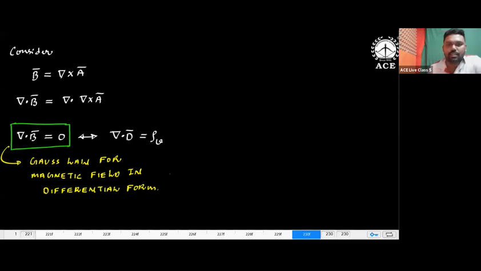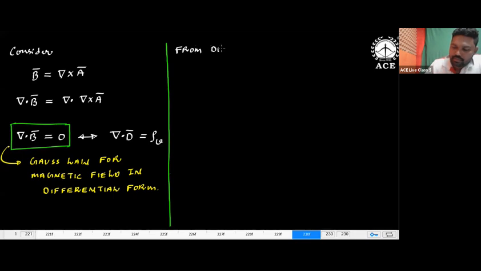From the divergence theorem, what can be written? What is the divergence theorem?